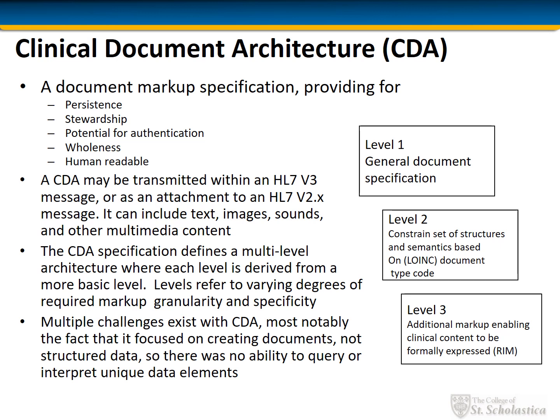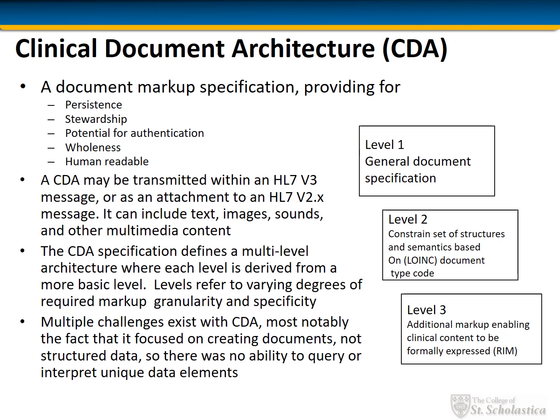The next level of granularity, level 2, enables specifying the type of document, so it can be identified that a document is an operative report, discharge summary, or whatever. The Consolidated Clinical Document Architecture, CCDA, is a set of templates to make use of the CDA at level 2. It essentially provides a constrained set of structures and semantics based on LOINC document type codes.